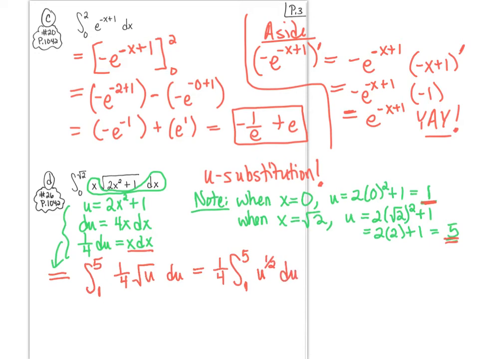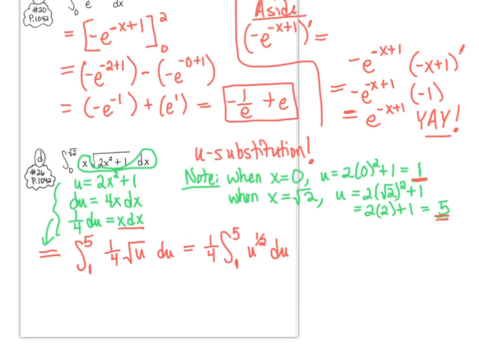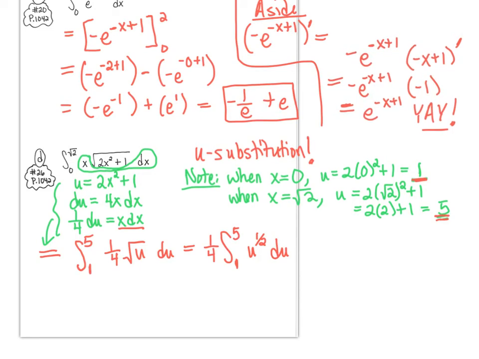That's equal to, remember now you need to find your antiderivative. You do that. We get 1/4 times 2/3 u to the 3/2 evaluated from 1 to 5.